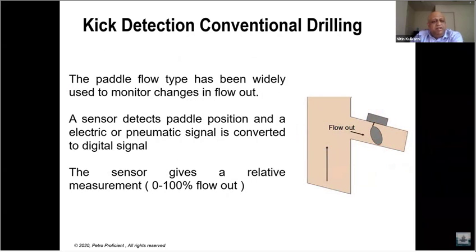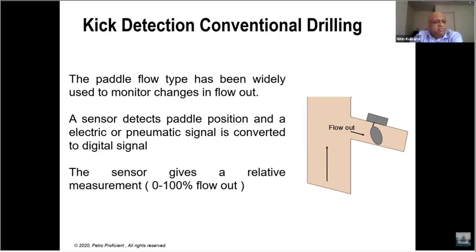So typically in conventional drilling, how is a kick detected? Usually we all know that the sign of a kick is basically an increase in flow out. Monitoring of flow out in conventional drilling is done using a flow paddle which is installed on a flow line. This is a sensor which detects deflection in the flow paddle and converts it to a signal.